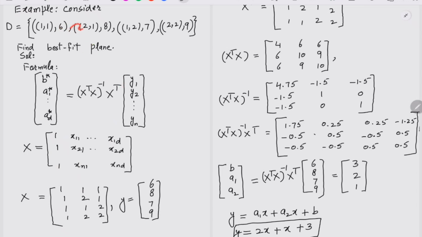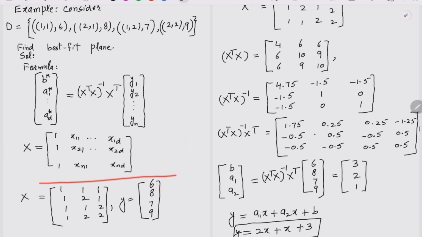The first point in R square is 1, 1, which is written over here. For the second point we have features 2, 1, and for the third point we have features 1, 2, and so on. Y on the right hand side, the column vector, gets the values 6, 8, 7, and so on.